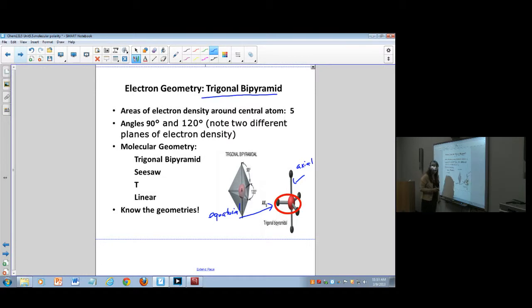And how those act determines, as a general rule anyway, whether or not this is going to be a polar molecule. And remember, in this family, we have four possible structures of molecular geometry. All right, so let's look at how those work.